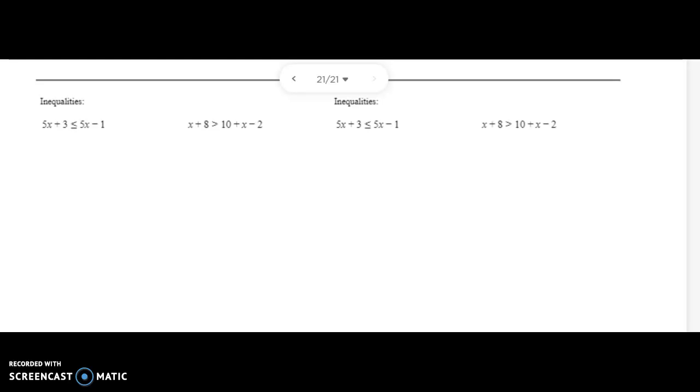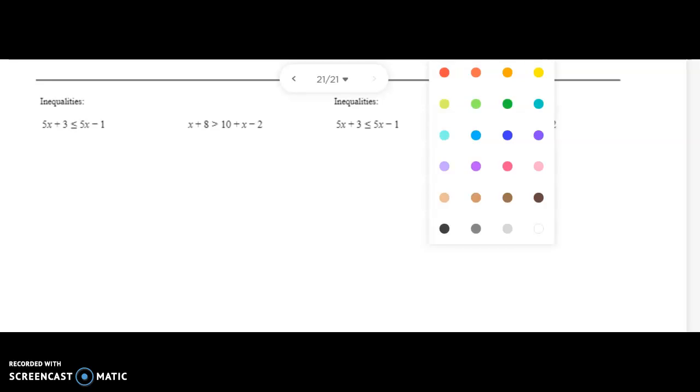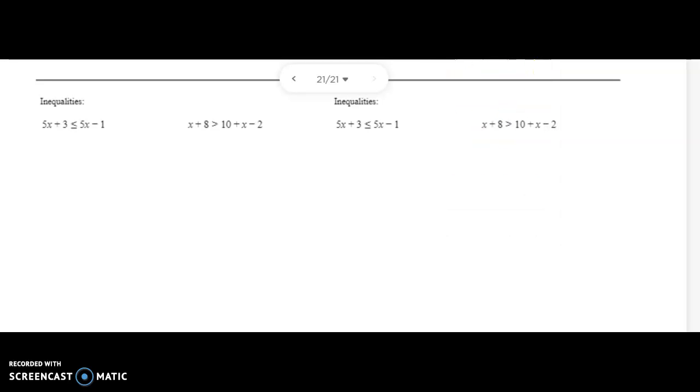So let's look at something like this one here. Okay. If I subtract 5x on both sides, well, 5x minus 5x is 0, right? So I have 3 is less than or equal to -1, right? Is this a true statement?